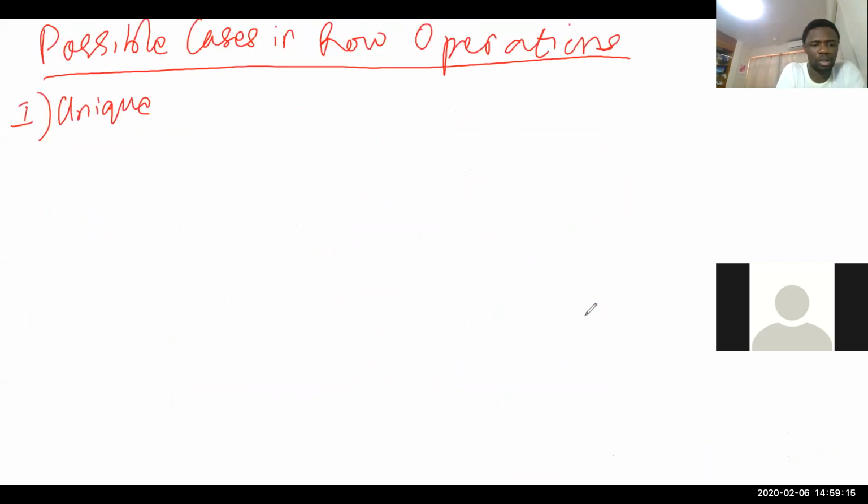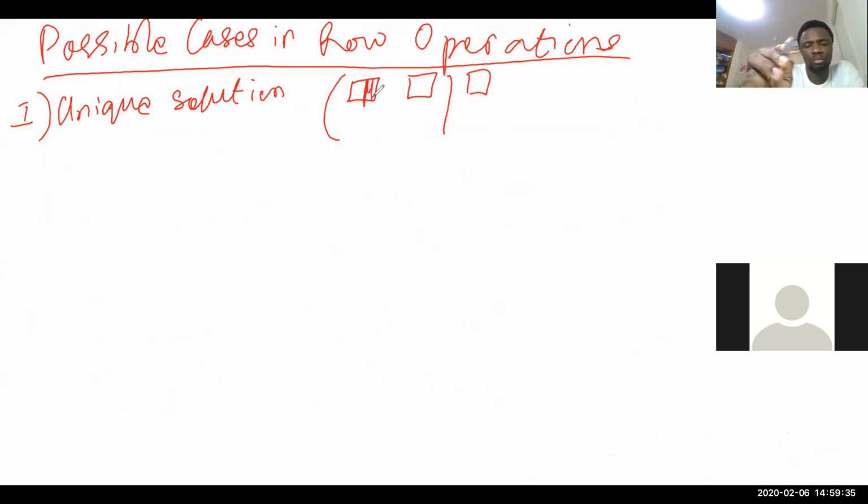So for the first case, unique solution. After your row operation, if you have a unique solution, you will get this form. There is something here, there is something here, there is something here. Usually this will probably be one.